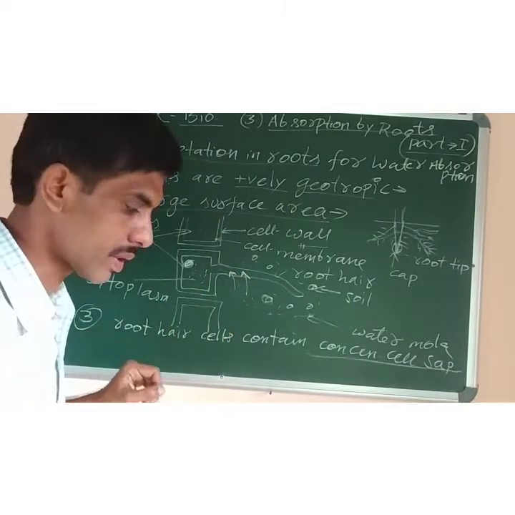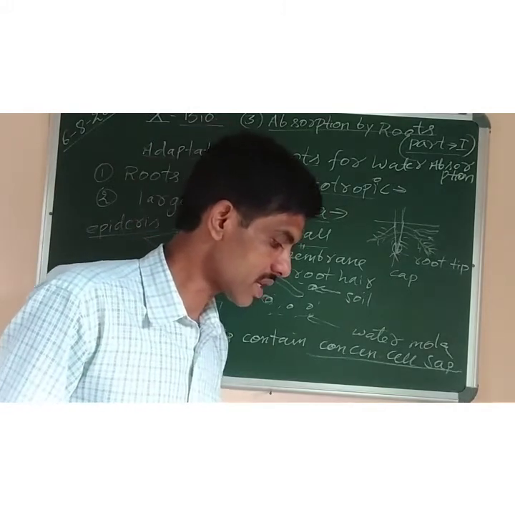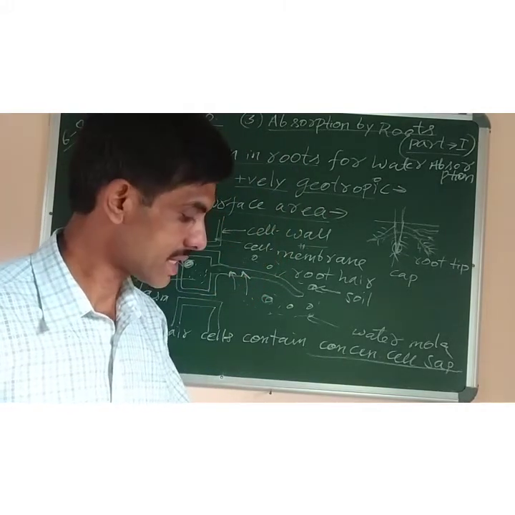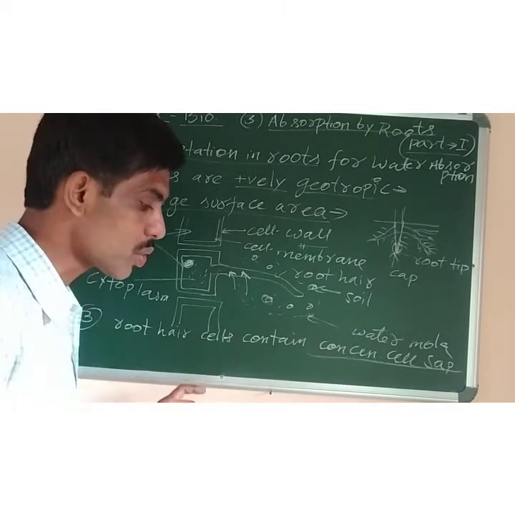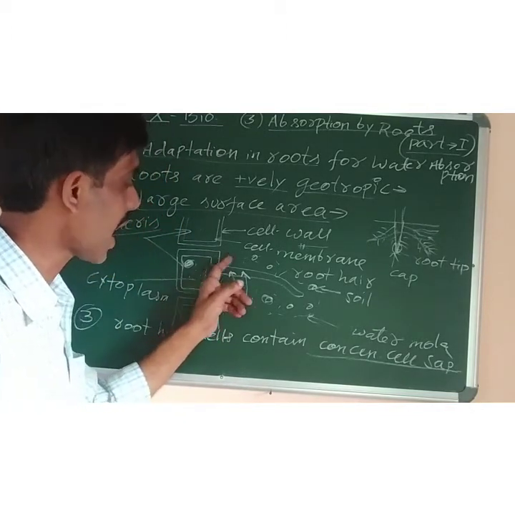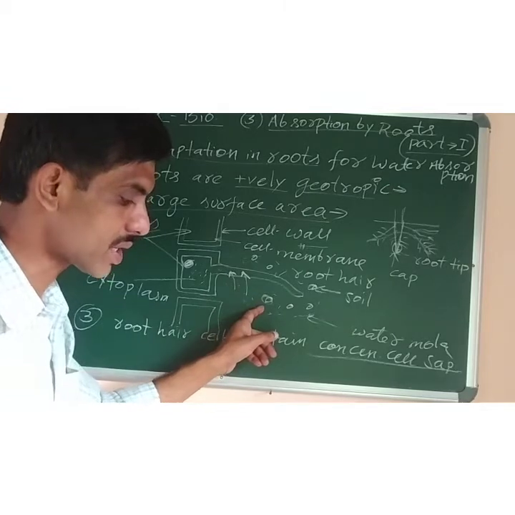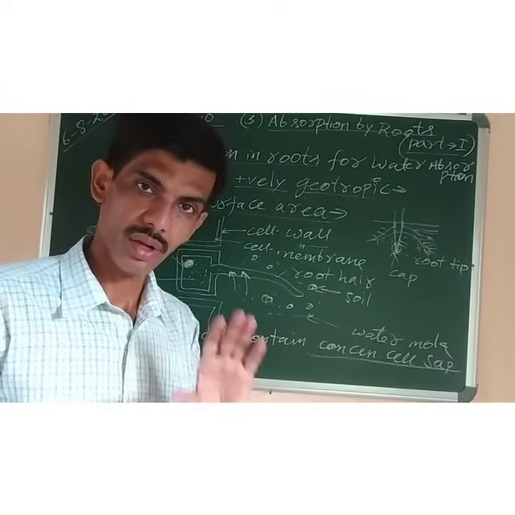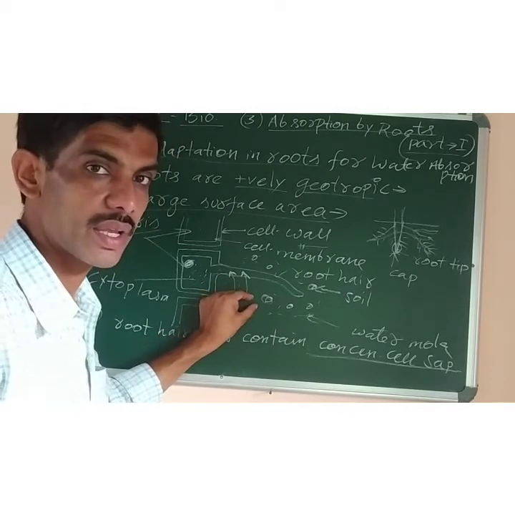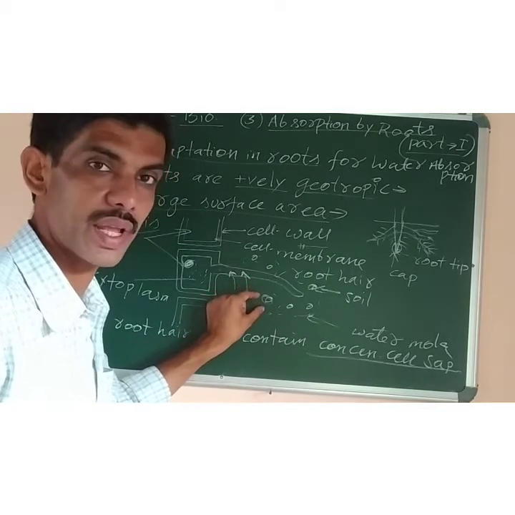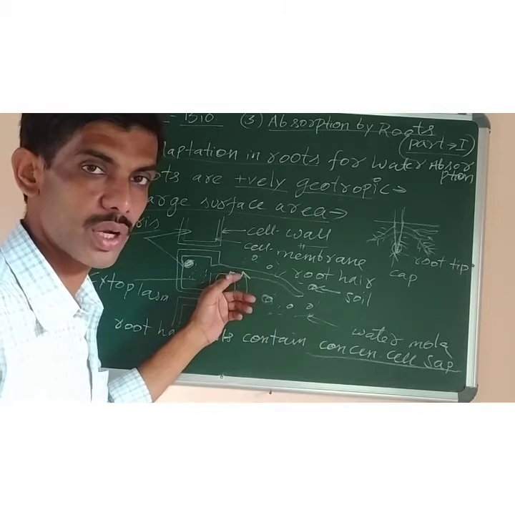Got it? So what is the meaning of root hair cells containing concentrated cell sap? The concentration of cell sap of the root hairs is more as compared to that of the surrounding soil water. Here, in the surrounding, there is more water and less solid, that is the mineral salts and all.